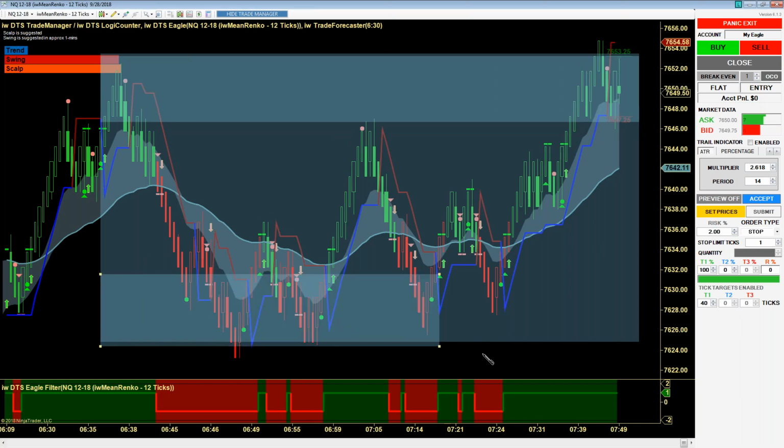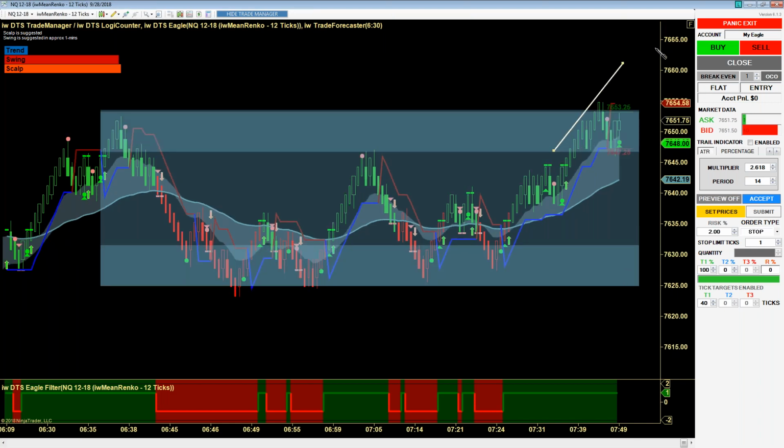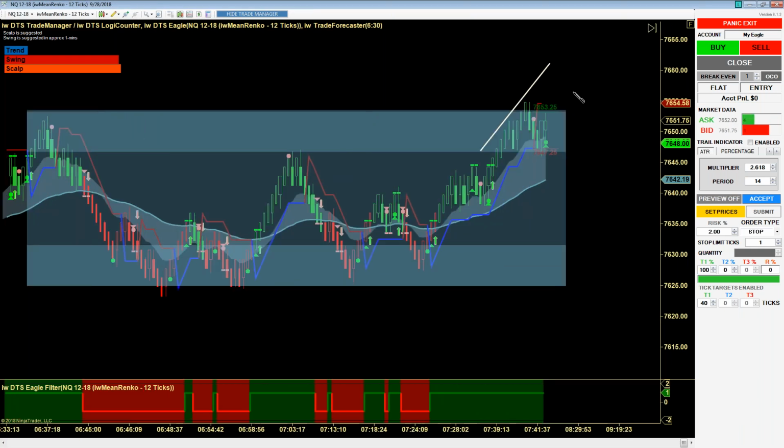This is where the buyers are hanging out. I would guess if I had to choose, I would be more bullish on the market at this point. But you're still going to be better off waiting for the market to break out, look for that retest, and then look for that buy signal. This is regardless of the tools that you're using.